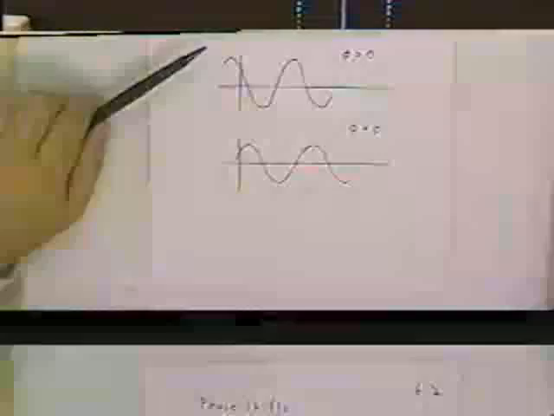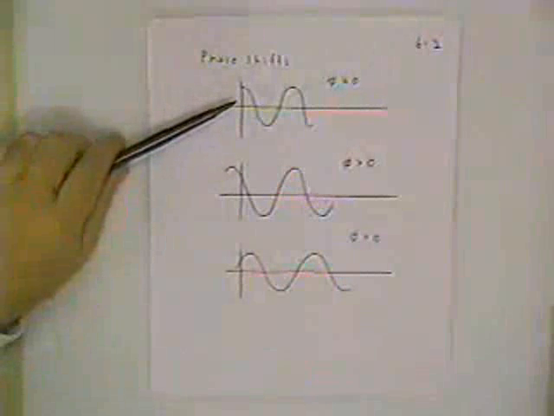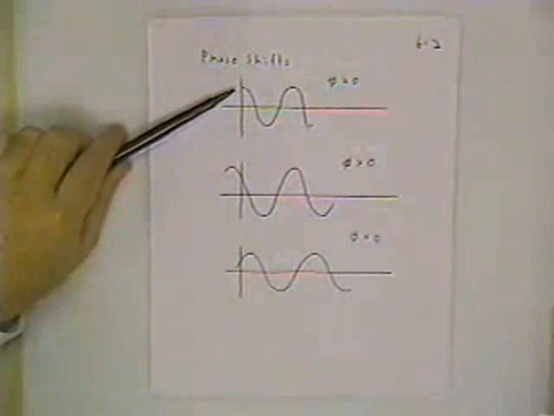Phase angle is usually measured in degrees, but if you think of it as measuring where in the sinusoidal cycle you are, that's a very useful way to think through it. The best thing is to look at what phase shifts do to the basic cosine waveform.